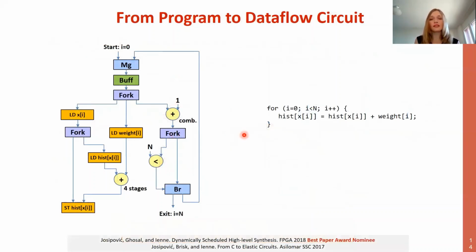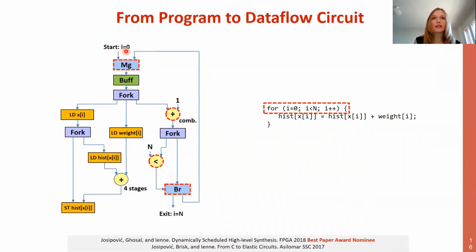Now this is the Dataflow circuit that implements the loop that we have seen before. All of the operations inside our loop body will be translated into the corresponding Dataflow components. And the loop itself will be implemented using a merge and a branch node. A merge node will take a value either from one predecessor or from the other, depending on the control flow.